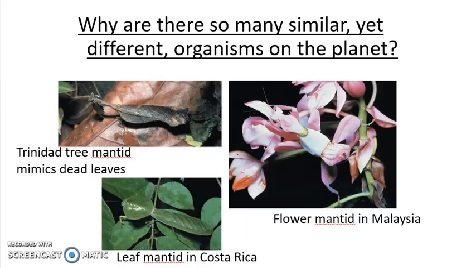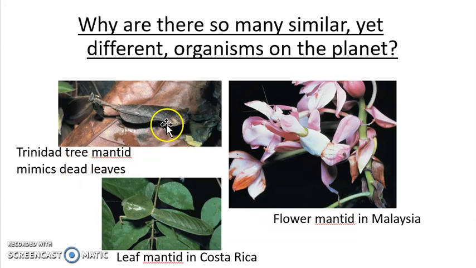But if we take a look at this idea and think about why there are so many different organisms on the planet that have some similarities, this is something that biologists were really intrigued about over the last 100 years as more and more of them started to travel around the world and get a look at all these different kinds of organisms. In this example, we can see what is known as the mantid.